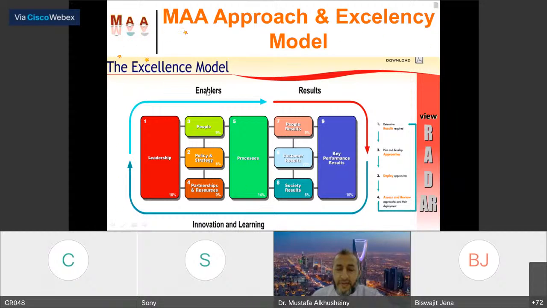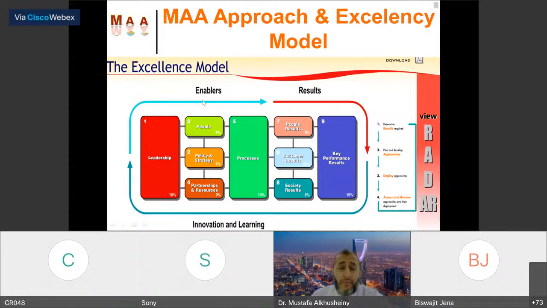By learning from the enablers, they can give more innovation. More innovation will mean better results. And in order to monitor and control all of these actions, there should be an evaluation system.